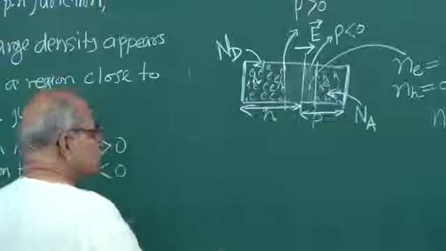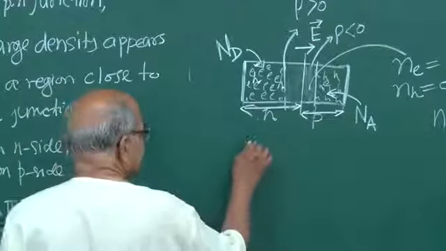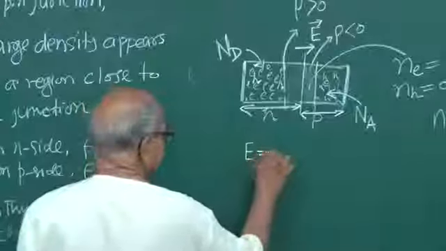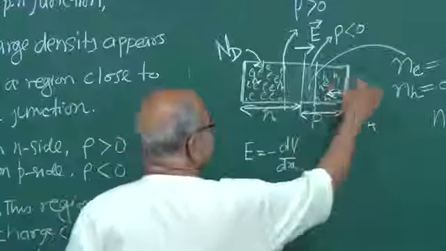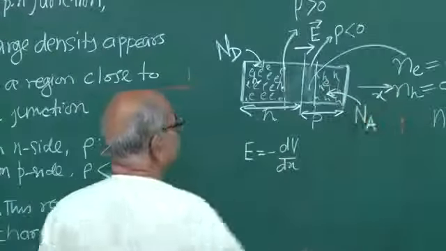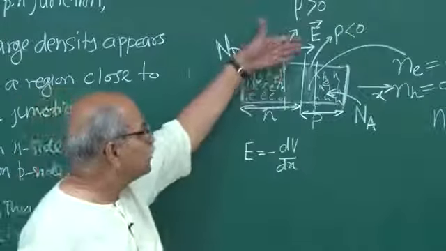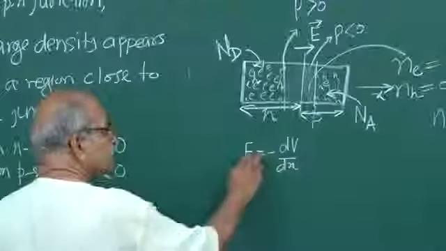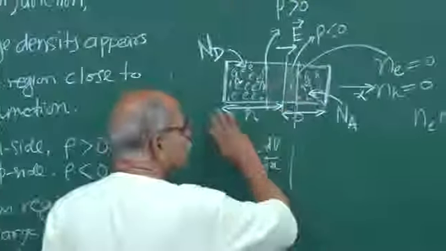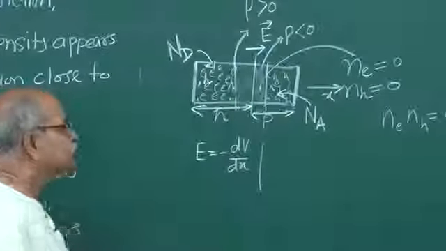If you go along the electric field, potential decreases; E is minus dV/dx. If I call this the x direction, and the electric field is in the x direction, then E = -dV/dx. So, potential decreases.